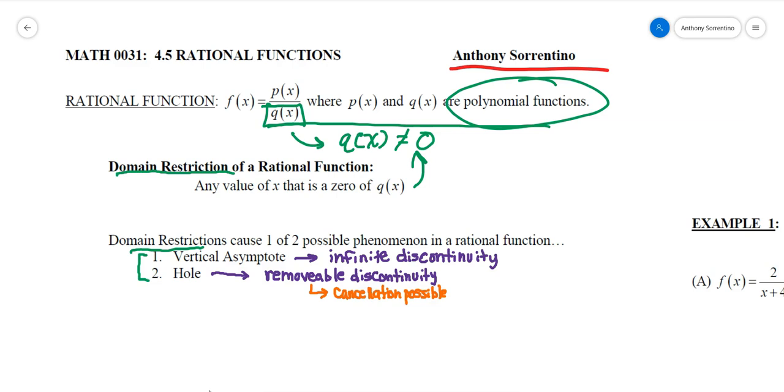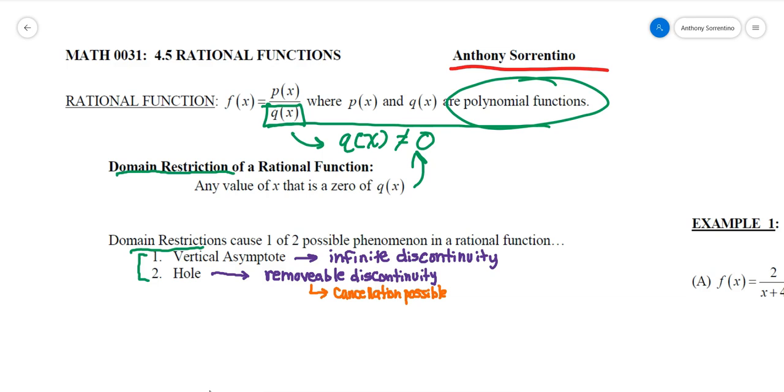Now, although the cancellation can happen, which makes it easier to graph and easier to calculate things, I have to keep in mind that the cancellation does not mean that we forget about the domain restriction. It just means that we have to account for it as being a hole.